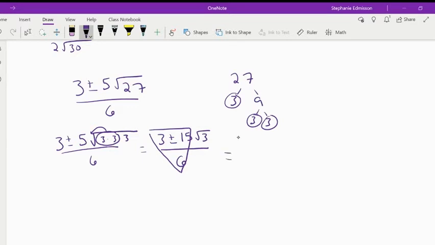So we get 3 divided by 3 is 1, plus or minus 15 divided by 3 is 5 root 3, all over 2. And that would be our answer. And remember, this is technically 2 answers: 1 plus 5 root 3 over 2 and 1 minus 5 root 3 over 2.